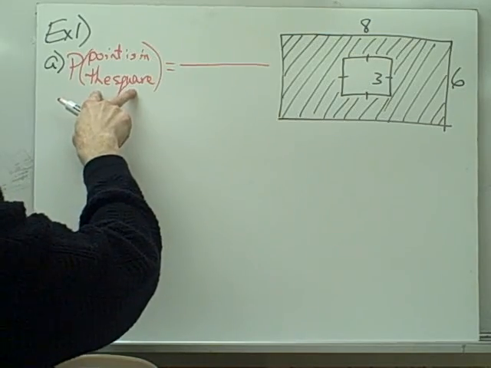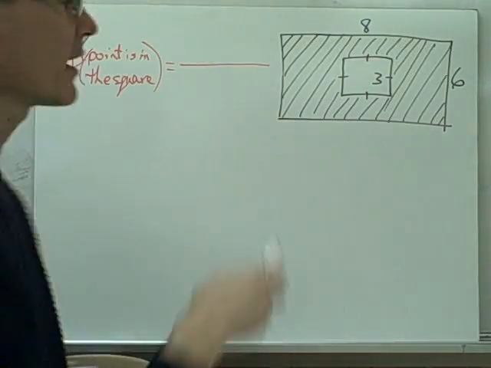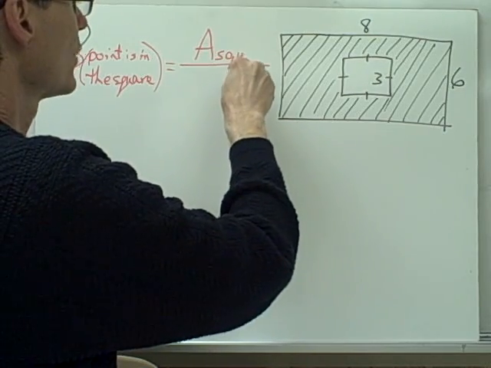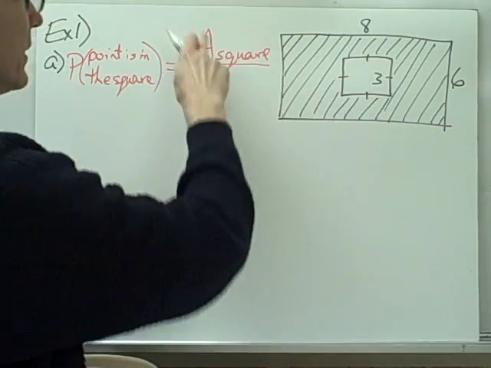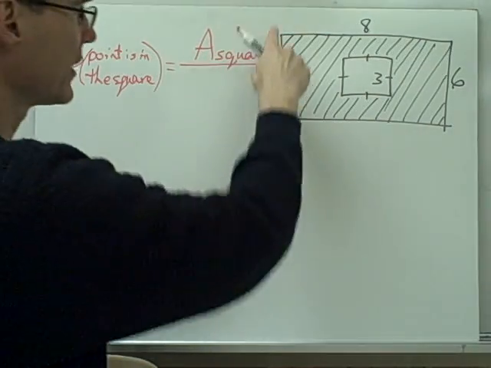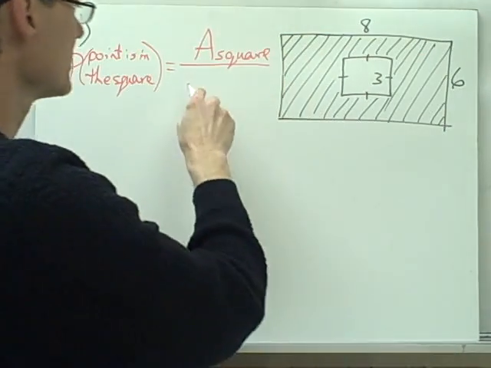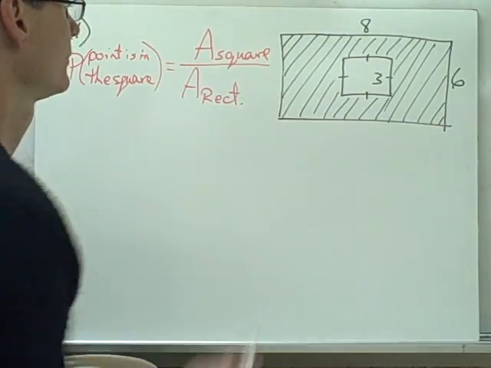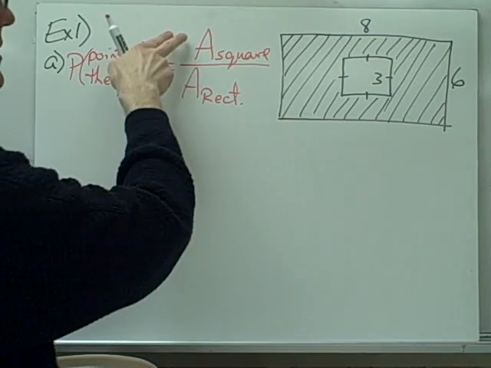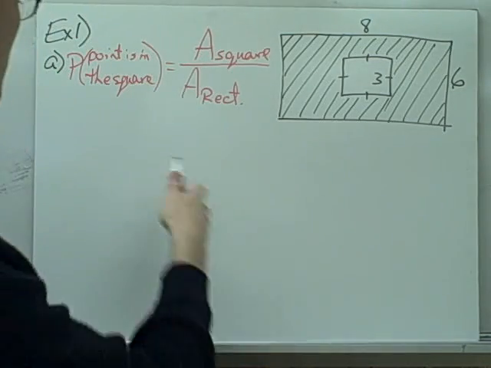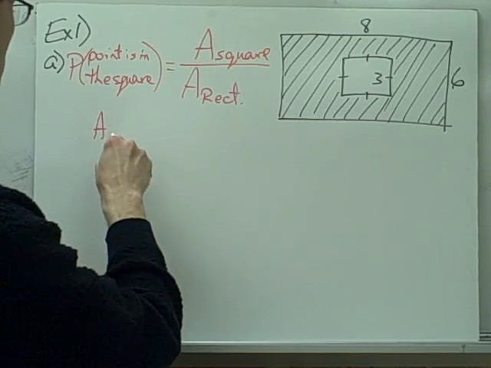Since I'm looking for the probability the point is in the square, I want the area of the square, which I'll write as capital A of square, divided by the whole area. My whole area in this case is the area of the rectangle. So all I need to do is calculate the area of the square, calculate the area of the rectangle, and then divide them. That shouldn't be hard.